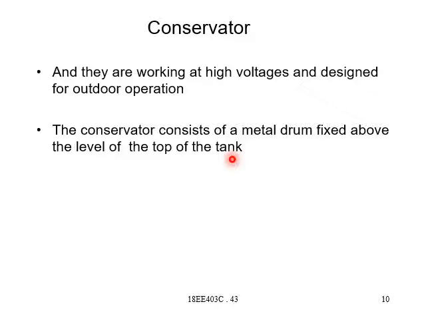That means if we compare the oil level in the transformer and the conservator level, the conservator level should be higher than the top of the tank. So the conservator consists of a metal drum fixed above the level of the top of the tank.